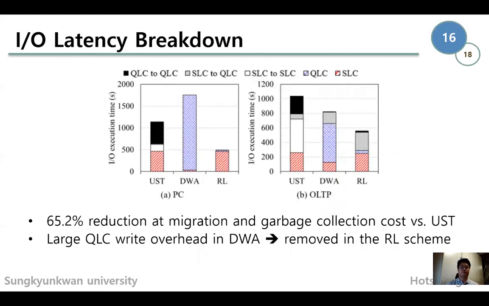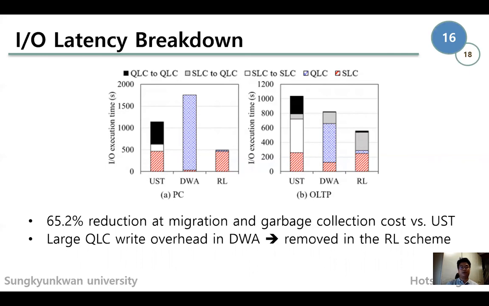This slide shows the breakdown of I/O execution time. The proposed method reduces the cache to cache or SSD to SSD garbage collection overhead compared to USD. Note that USD performs the garbage collection within SSD blocks for host data, whereas our hybrid SSD does not have the SSD to SSD migration.